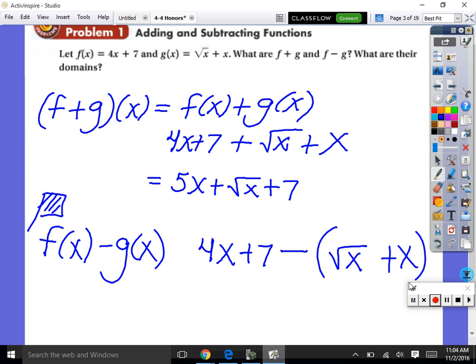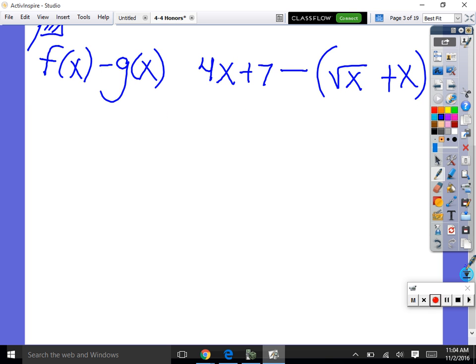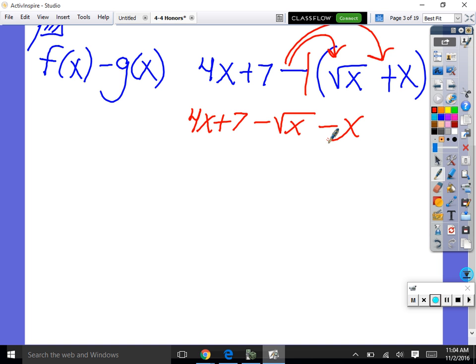I'm taking all of f of x, subtracting all of g of x. So now I'm going to go ahead and distribute, because I like to distribute that -1 through. So we really have 4x plus 7, and then we have minus the square root of x, and then we have minus x. I distributed my negatives. You just can't mess up when subtracting.